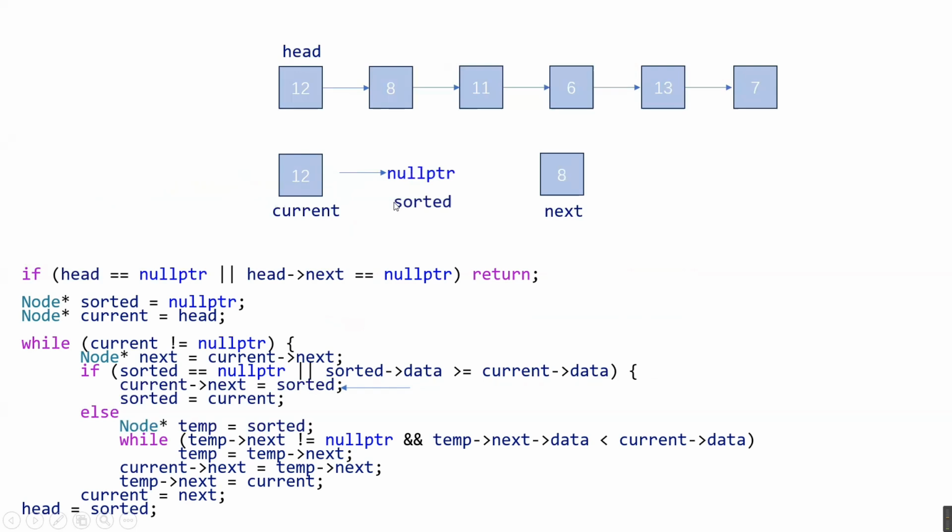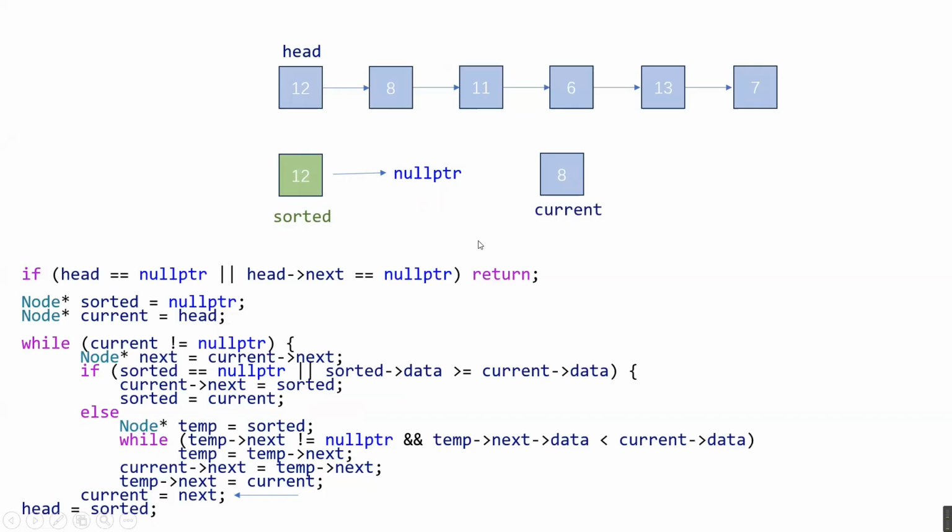And then we set sorted to become current, right? And this one will become the new ordered sequence. And then we set current to become the next, this one, right?